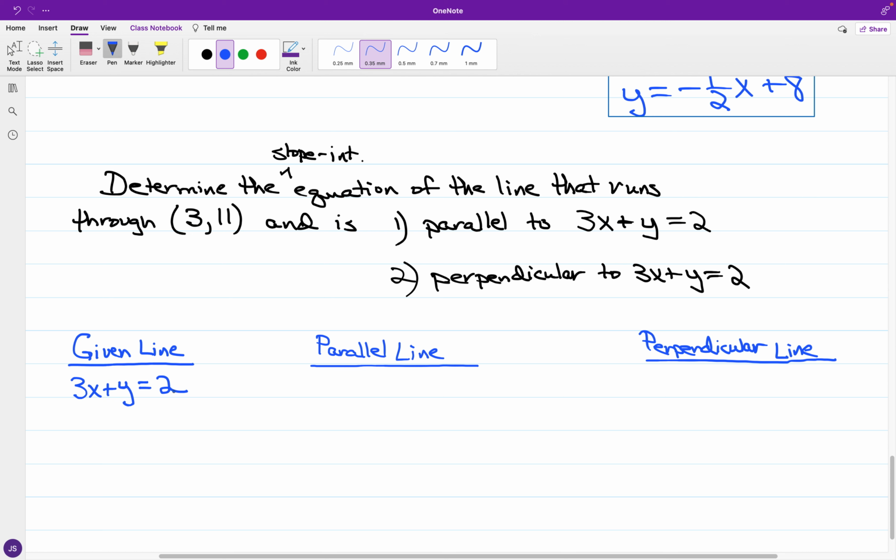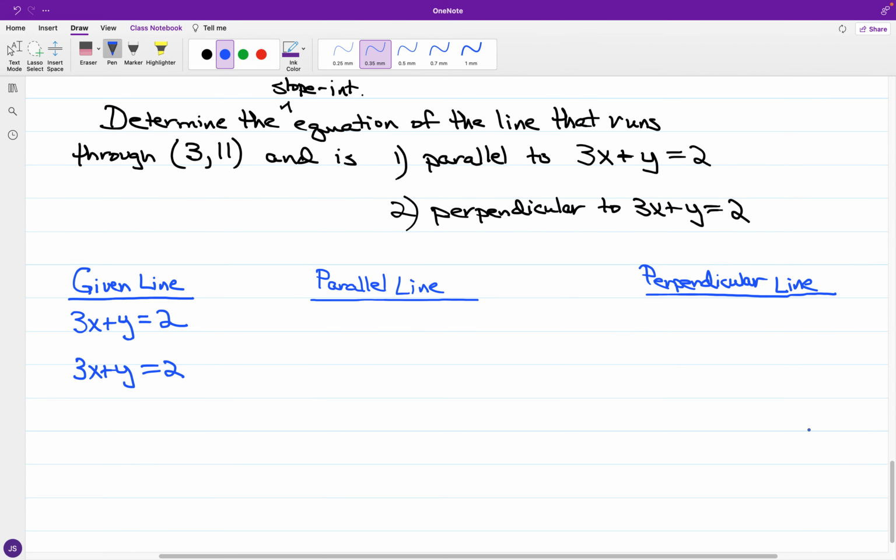For the given line, we don't have that in slope-intercept form yet, but we do have the standard form, 3x plus y equals 2. To translate it to slope-intercept form, I can isolate the y term.